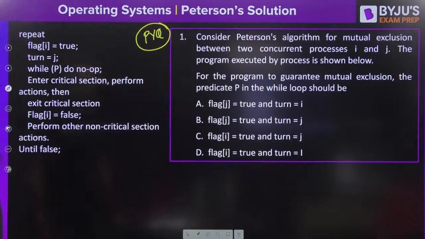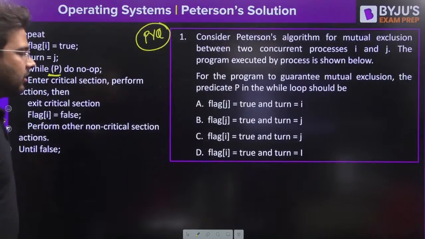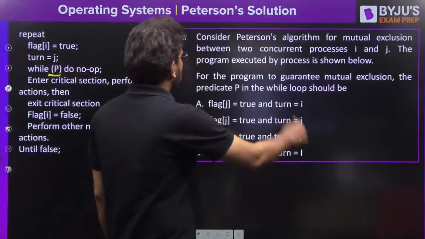You just have to find what will be this predicate P. What should be the condition in the while loop so that this will guarantee mutual exclusion? The same thing that we had in Peterson solution, right? Okay, let's see this question now.